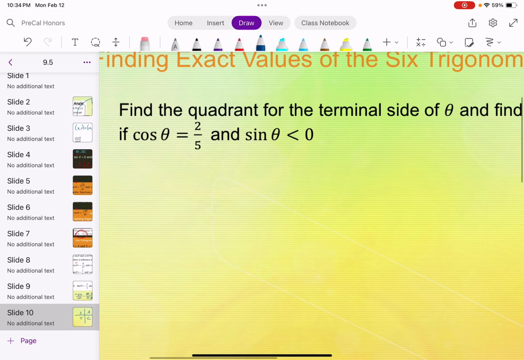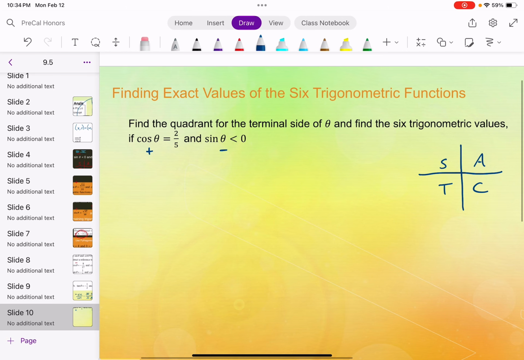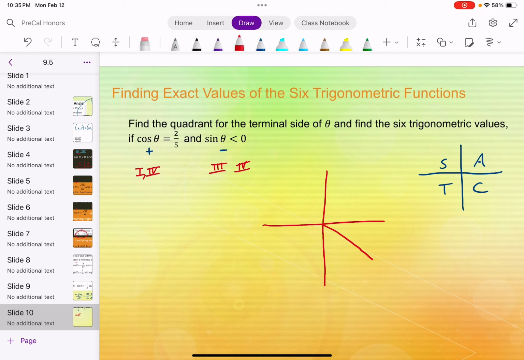We can easily spot that our cosine is positive, our sine is negative. Keep in mind, cosine being positive would only occur in 1 and 4. And sine being negative would only occur in 3 and 4. In this case, this is all going to occur within the 4th quadrant.